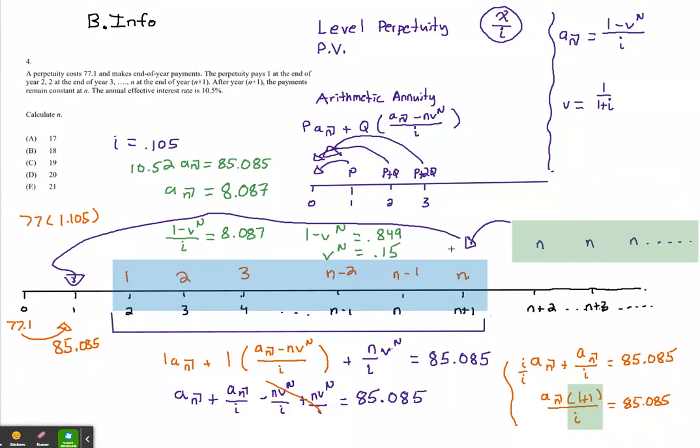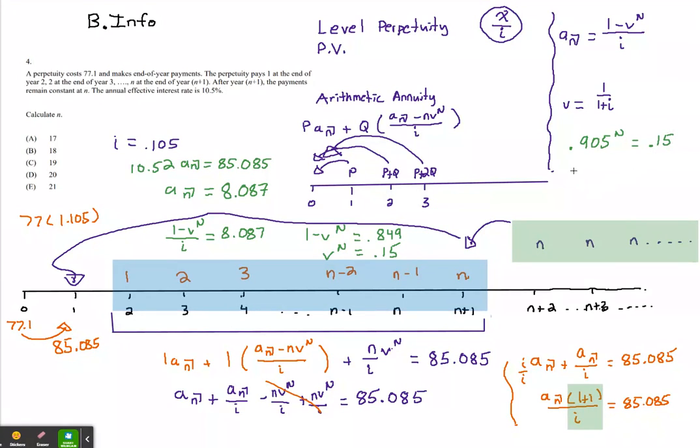All right, almost there. Now, from this expression, we can figure out what v is, because it's just 1 upon 1 plus i. So we substitute in the calculator: 1 divided by 1.105, and we get 0.905. So 0.905 to the nth power equals 0.15.